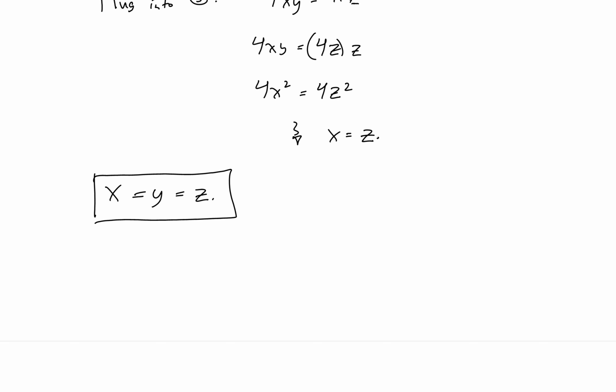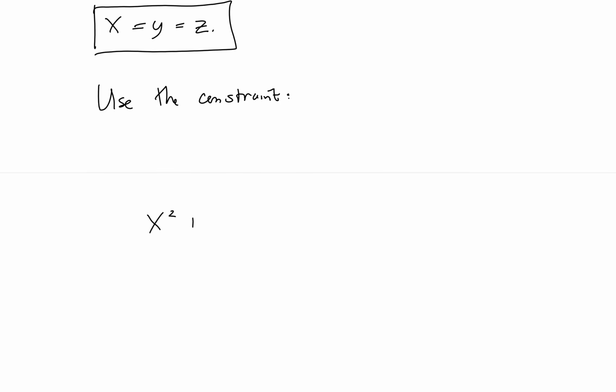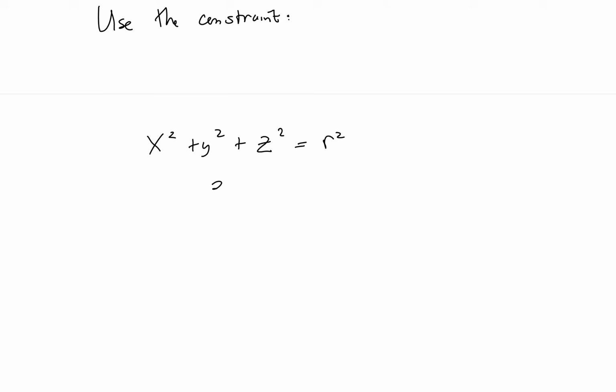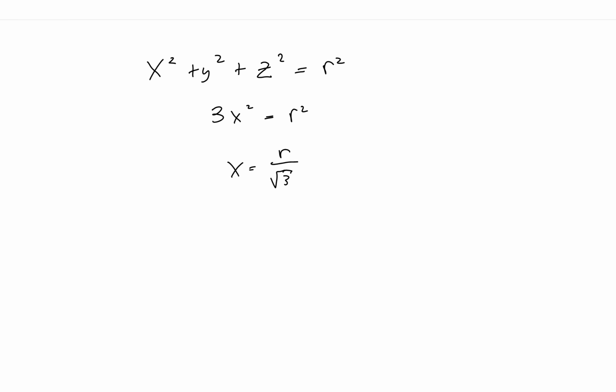And now we want to use our constraint. So let's use the constraint. That told me that x squared plus y squared plus z squared is equal to r squared. But now I know x, y, and z are all equal, so this says 3x squared is equal to r squared, which says x is equal to r over square root of 3.